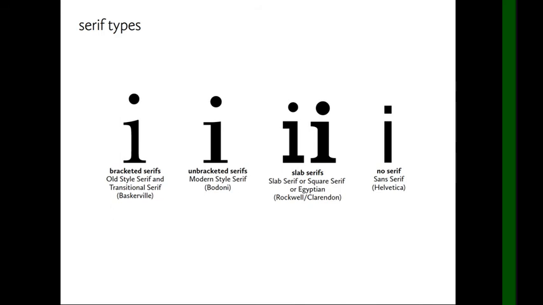Compare them to our bracketed and unbracketed serifs. In both cases, the serifs are significantly thinner than the main stem. All right, so a slab serif is a very thick serif with a square end. It can be bracketed or unbracketed.